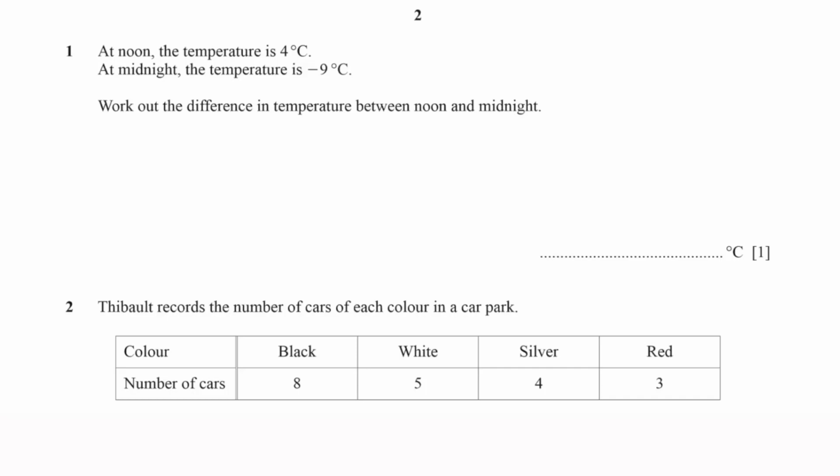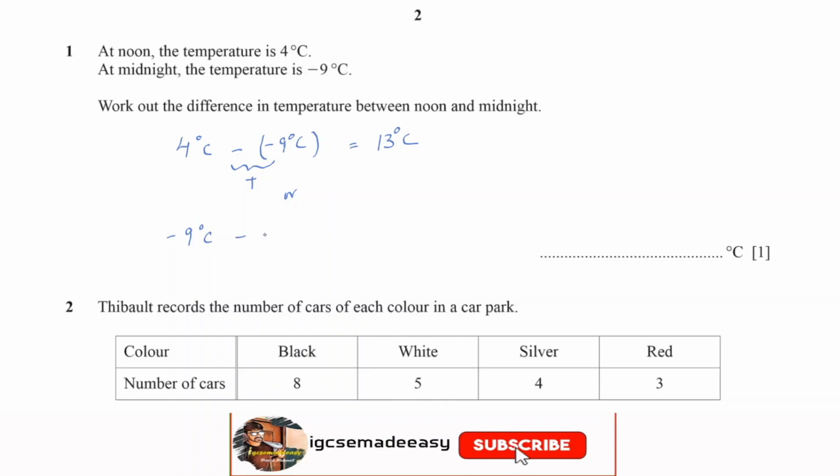So if I subtract the midnight temperature, that is minus 9 degrees Celsius, from the noon temperature, that is 4 degrees Celsius, minus and minus becomes plus, so 4 plus 9 is 13 degrees Celsius, right?